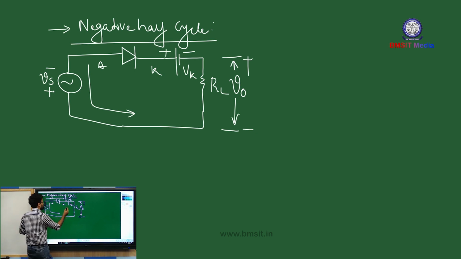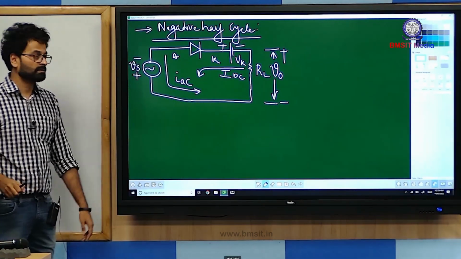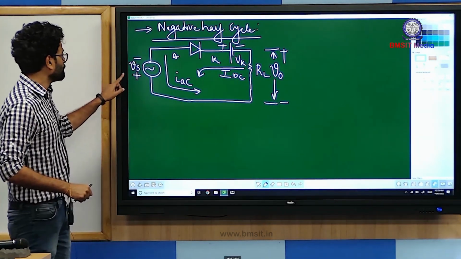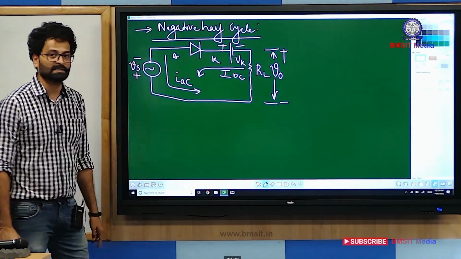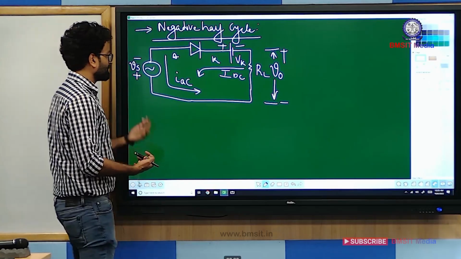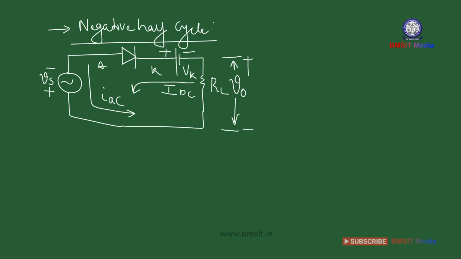to plus, and your Vk is also trying to circulate the current in anti-clockwise direction. So basically, Vs and Vk are helping each other in reverse biasing the diode, right? So another way of looking at the things is by observing this.